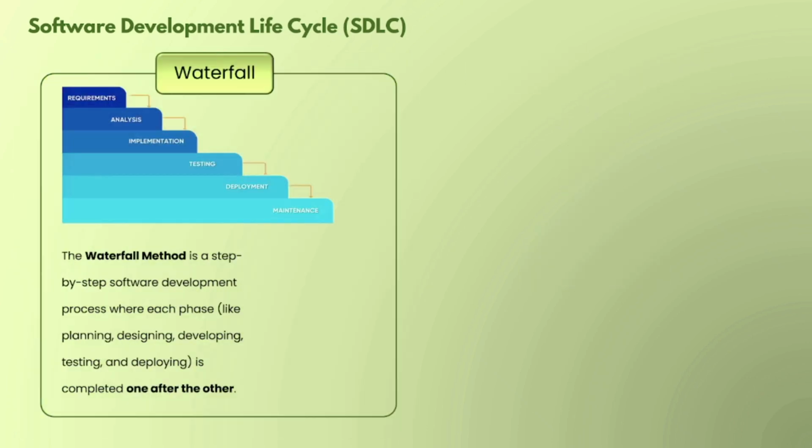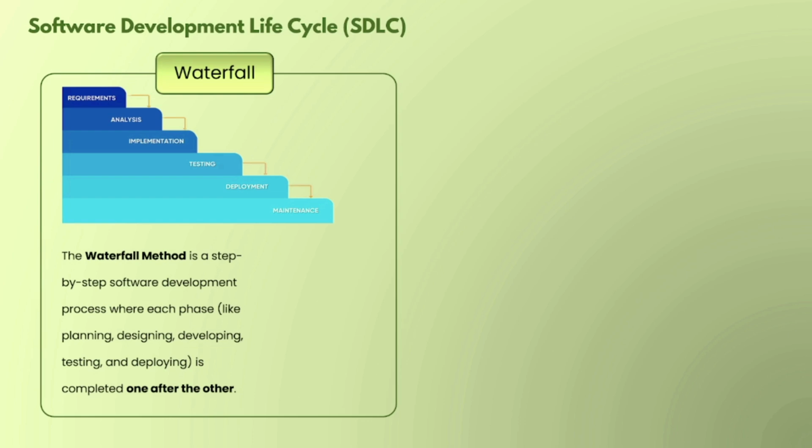As defined, the waterfall method is a step-by-step software development process where each phase, like planning, designing, developing, testing and deploying, is completed one after the other. Meaning, to reach the next phase, you need to complete the first phase. Don't get bothered by the words planning, designing, developing and testing.